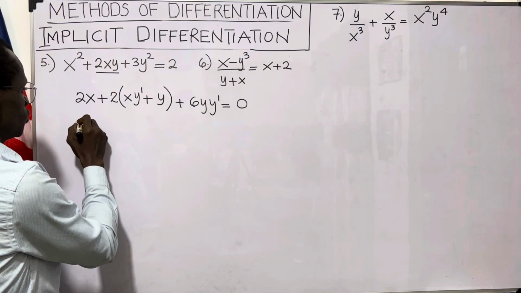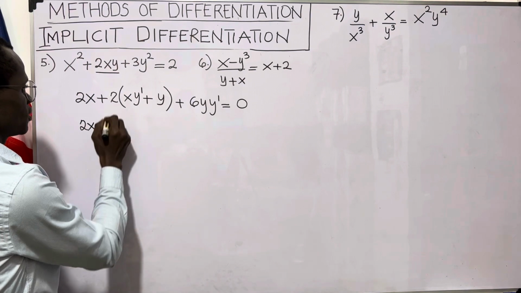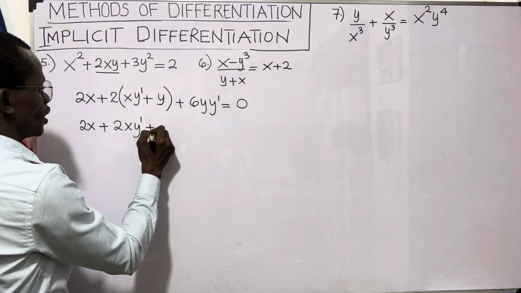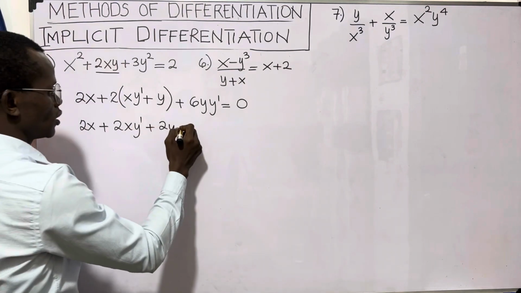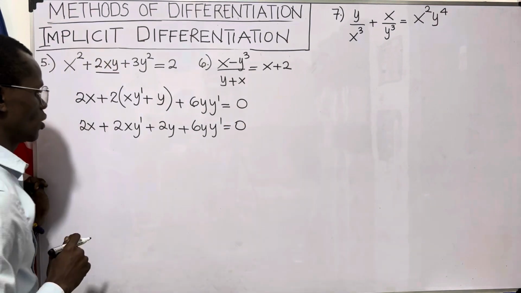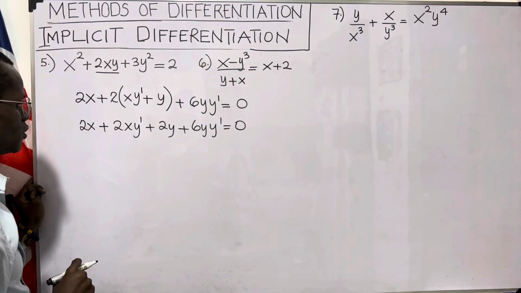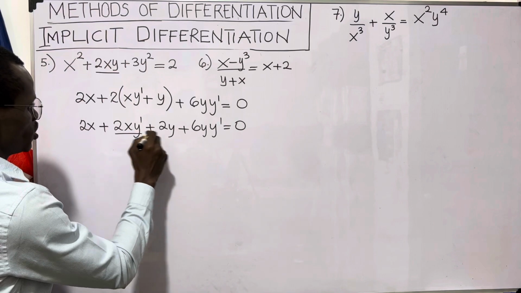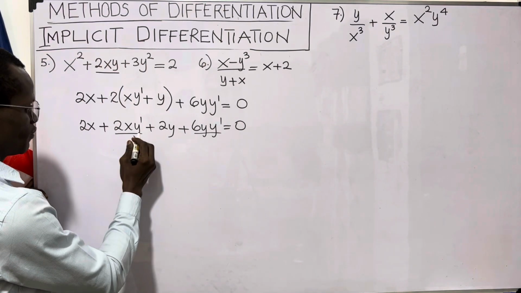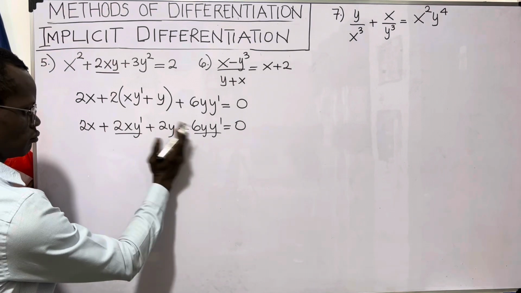We have 2x plus 2xy prime and then 2y, plus 6y prime equals 0. So what is our objective? Our objective is to ensure that y prime is the subject of the equation, so we have to solve for y prime.